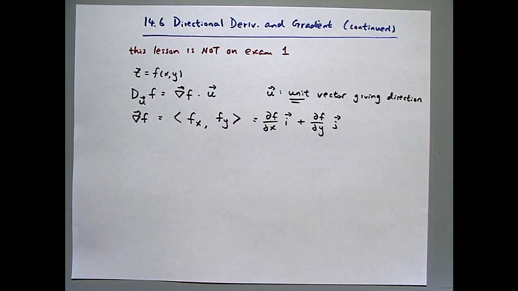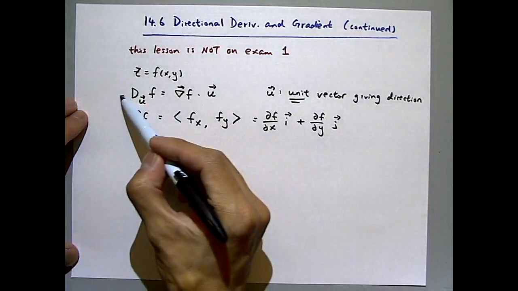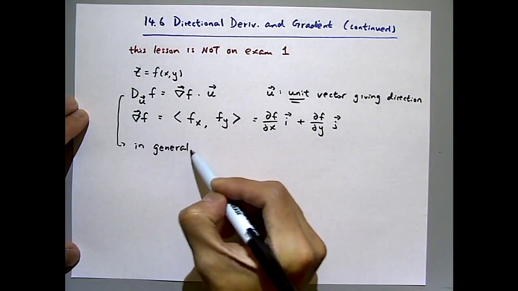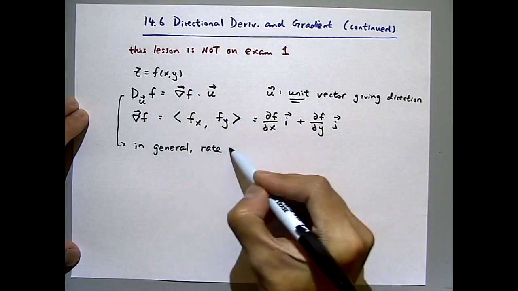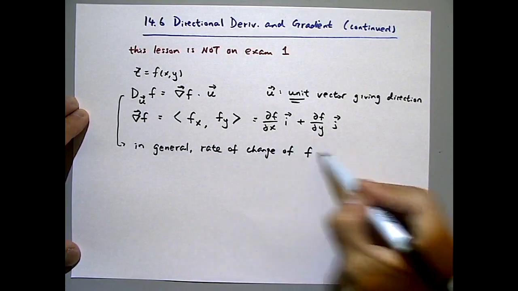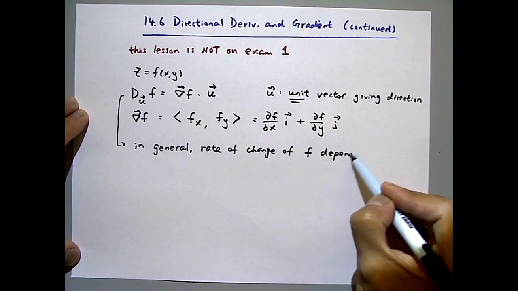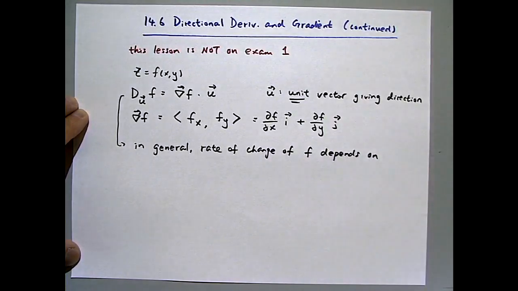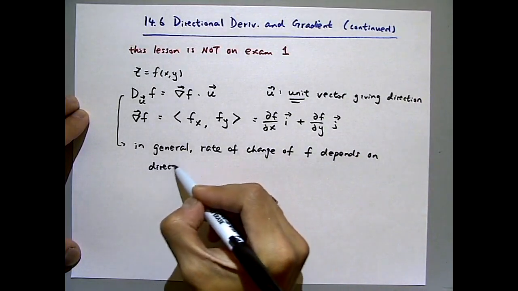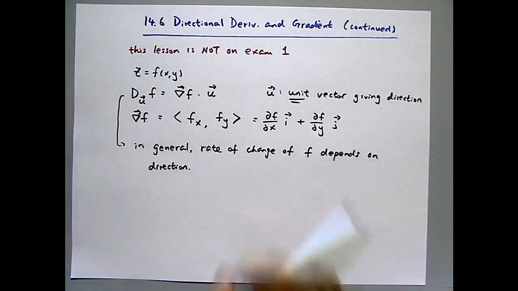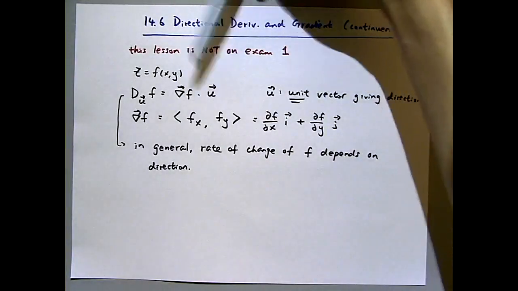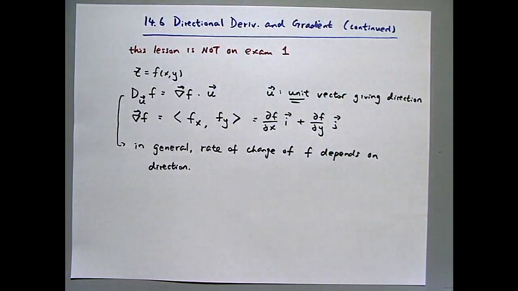So today we're going to pick it up from here. We know that in general, the rate of change of f is going to depend on the direction that we move, on what the u is giving us. Okay, so we know that just by looking at the formula. Depending on what u looks like, the dot product will, of course, change in general.